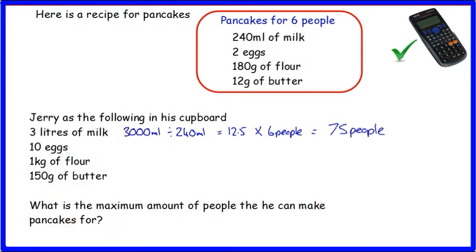I'm going to repeat that process for each of these. 10 eggs divided by 2 is clearly 5. So 5 times 6 people. So with the eggs I have, I can make 30 people. 1 kilogram is 1,000 grams.